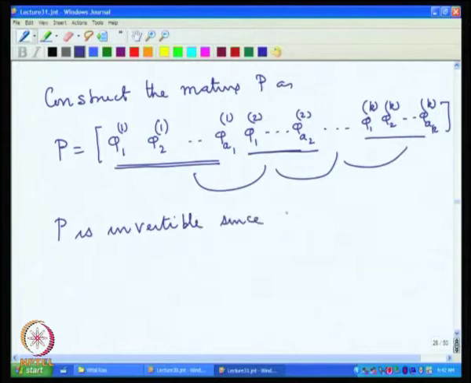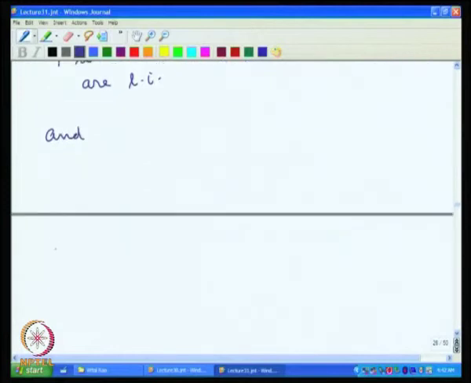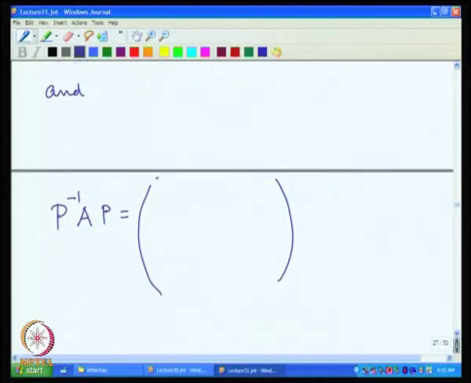since the columns are linearly independent, and when we write P inverse A P, we get a diagonal matrix. What is this diagonal matrix? The diagonal entries are going to be lambda 1 appearing along the diagonal a1 times, then lambda 2 will appear a2 times and so on, and in the end lambda k will appear ak times.